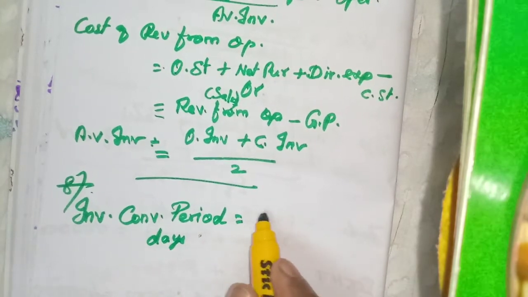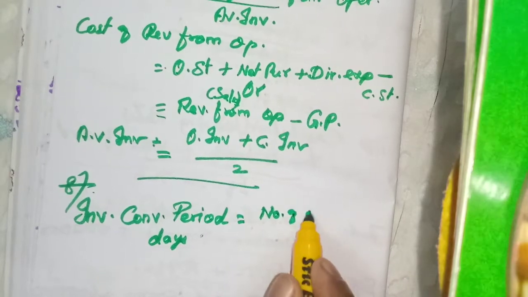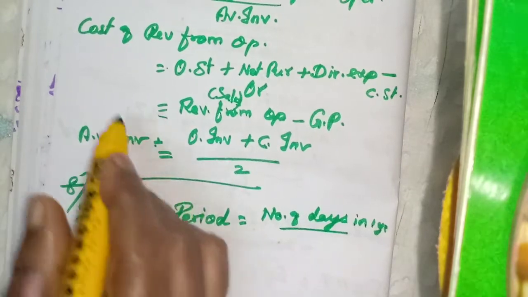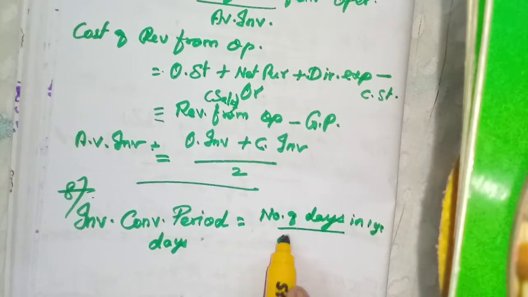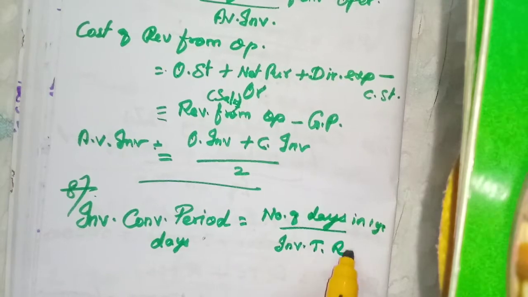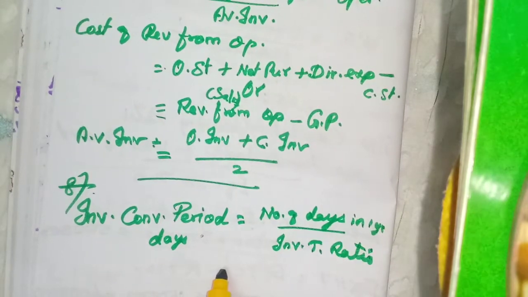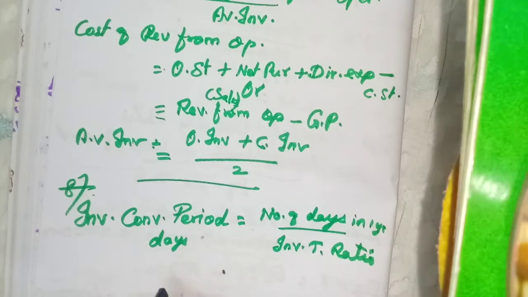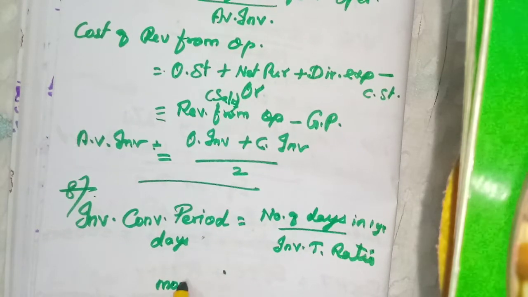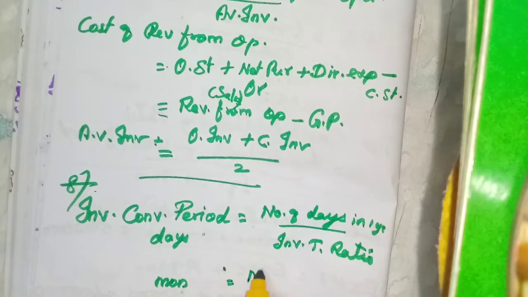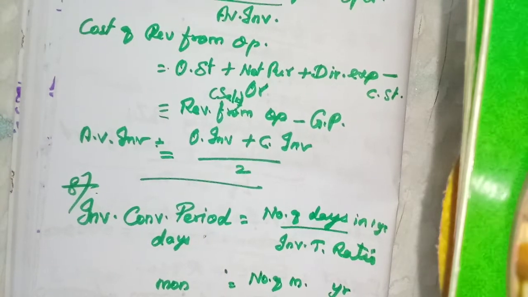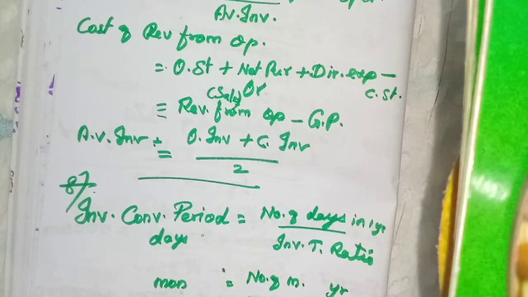If it is in days, it is the number of days in a year divided by inventory turnover ratio. If it is in months, the number of months in a year divided by inventory turnover ratio.